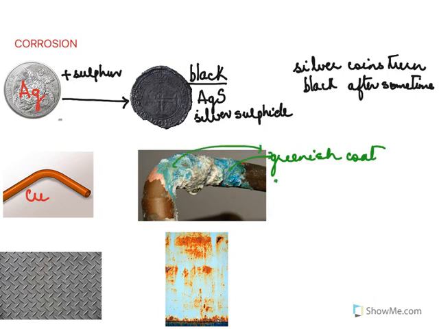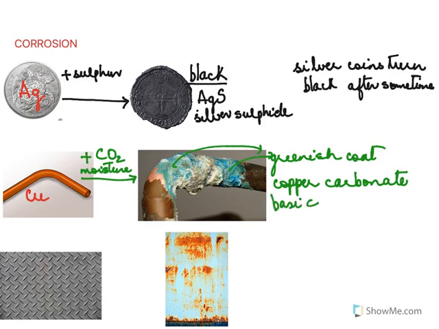This is due to the formation of copper carbonate, which is green in color. This happens because the copper combines with the carbon dioxide and the moisture in the air to form this copper carbonate, basic copper carbonate it's called, to give that greenish coat.